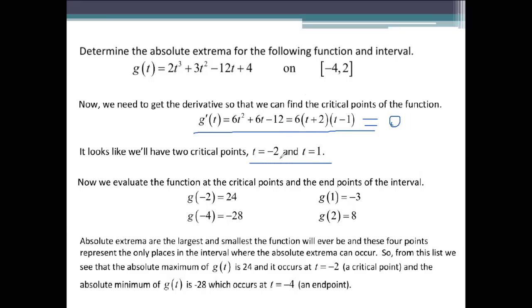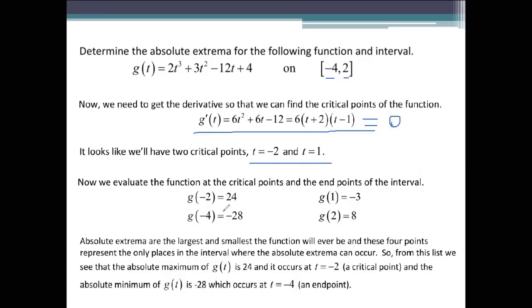And let's check: -2 belongs to our interval. Yes, and 1 also belongs to our interval. So now we need to evaluate our function at the critical points and endpoints. The endpoints here are -4 and 2.